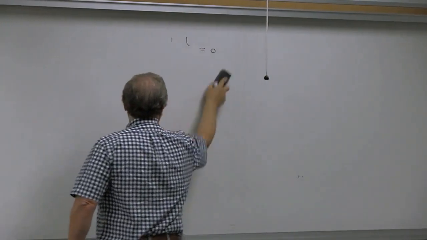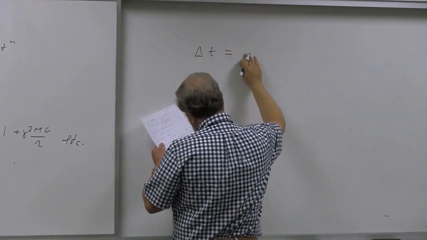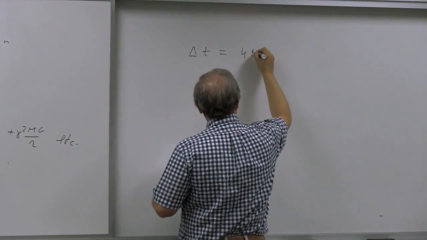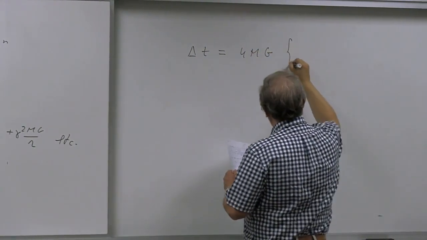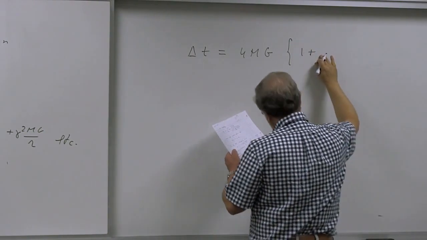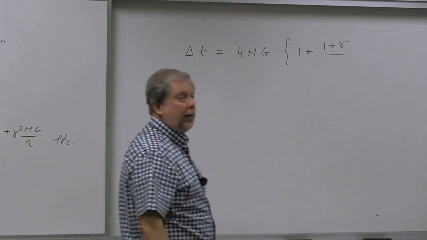The answer is that for this time delay, delta t is equal to 4 mg, the relativistic delay, times 1 plus a correction, which in the Robertson expansion again involves gamma only.